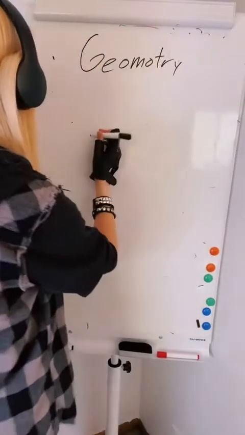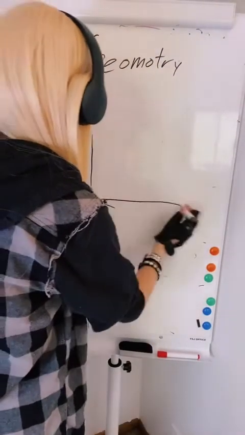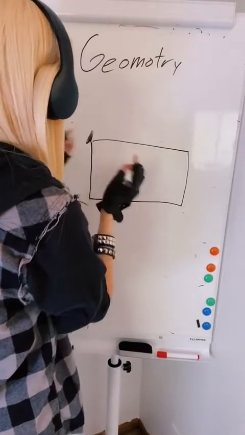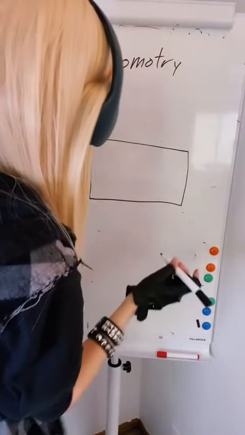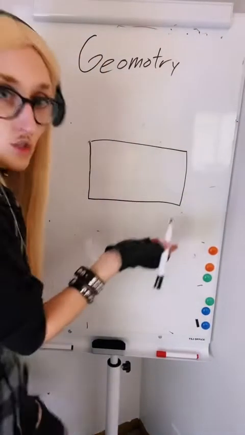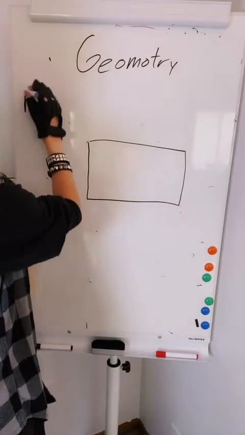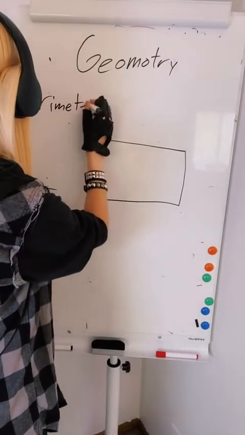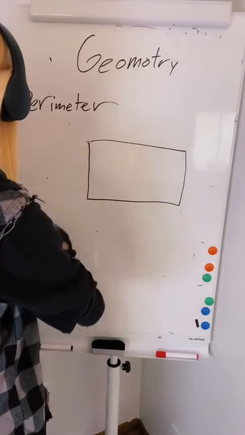So, I've got this cool rectangle. Pretty sick. We got this super cool rectangle, right? Let's say I want to find the perimeter and the area of it.